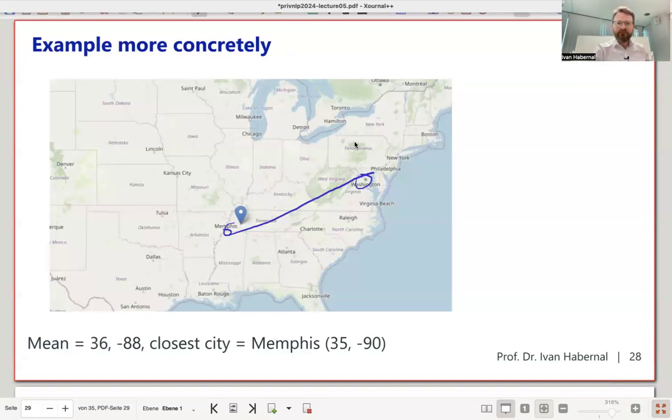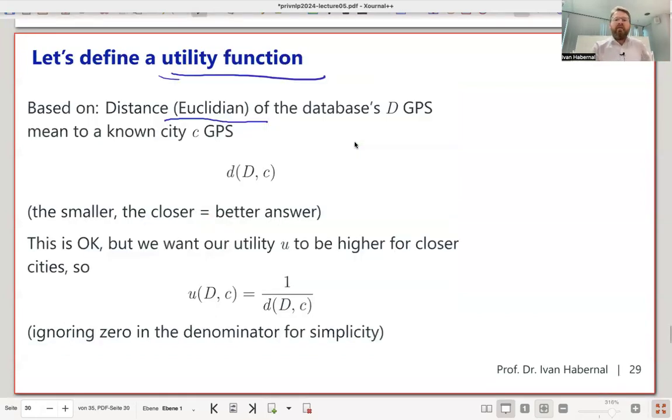So we want to measure the distance between the mean of the database, the center of the database, and any city we have in our inventory.